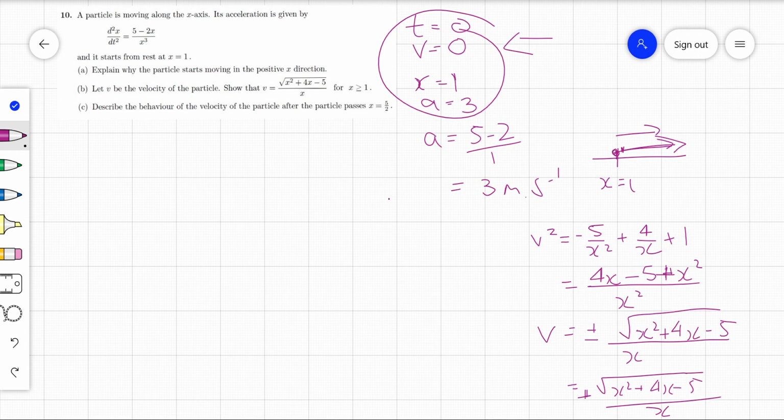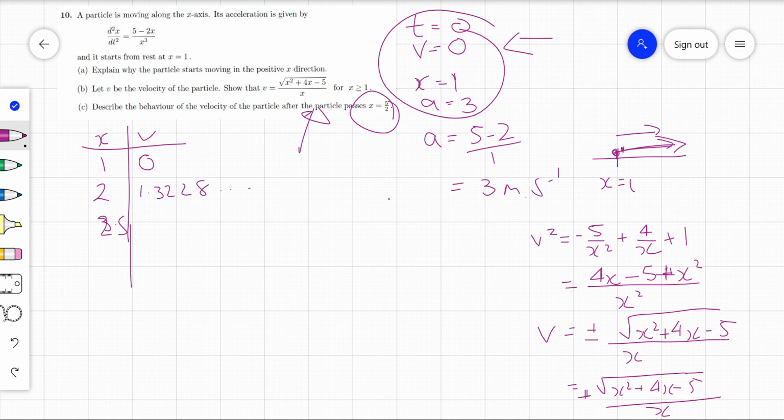But what you can do is have a look at how velocity changes when we change x. When x starts at 1, we've got a velocity of 0. If we put 2 in, you can just sub it into the equation and you'll get 1.3228, something like that.